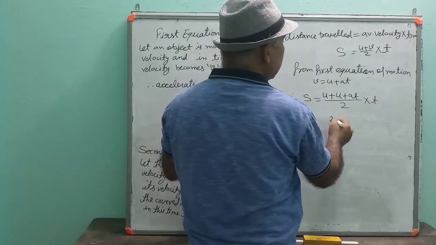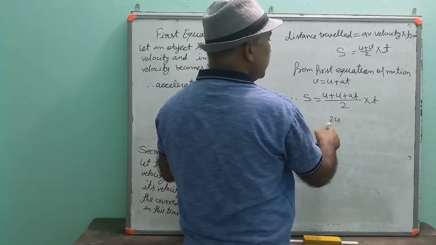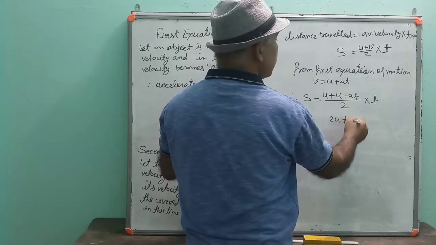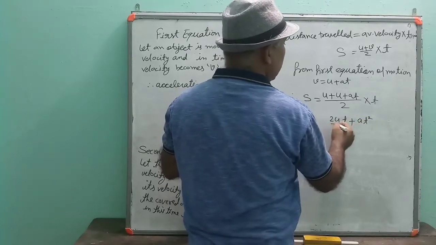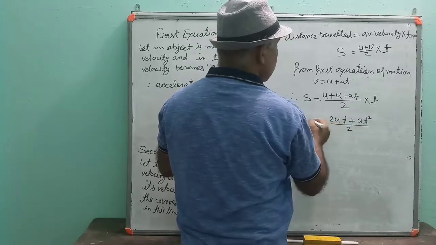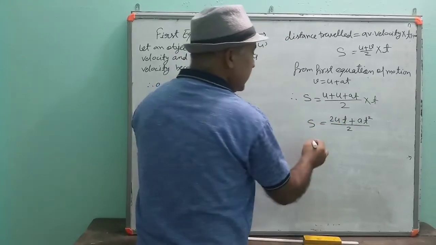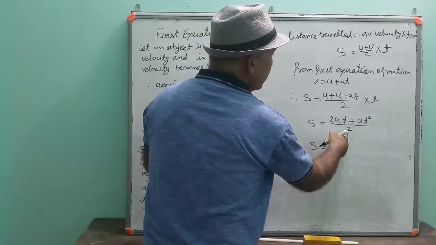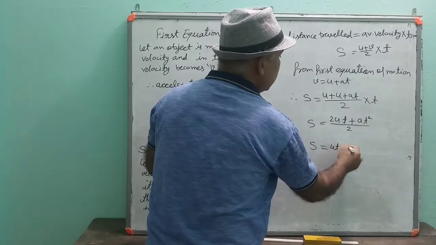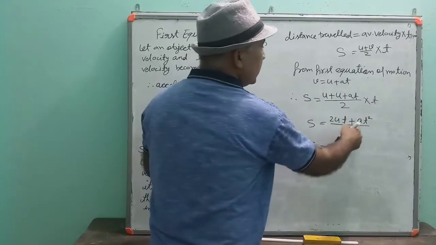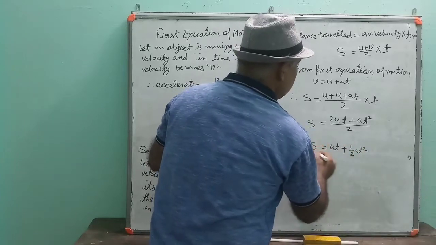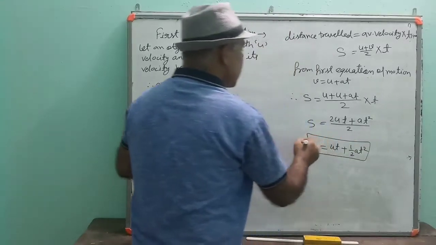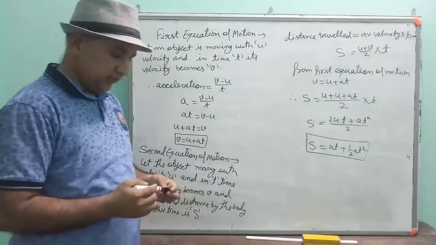Now multiply it: u plus u is 2u, multiplied by t becomes 2ut plus at square upon 2 is equal to s. So s is equal to, 2 and 2 cancelling each other, ut plus half at square, and this is called the second equation of motion.